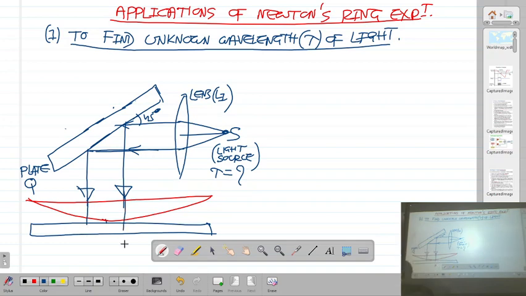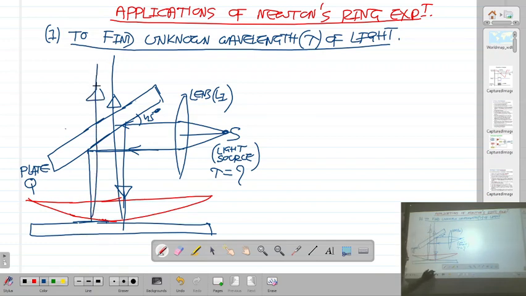From the lens and plate system, these rays are reflected in the upward direction.